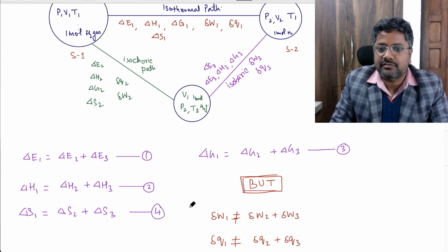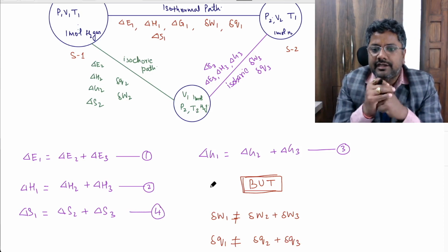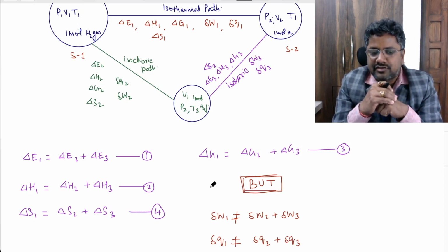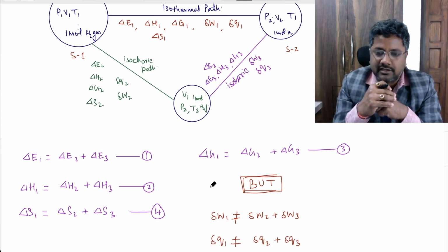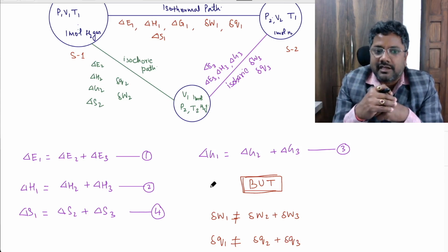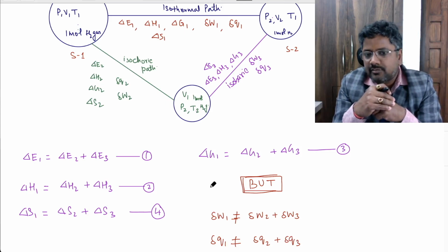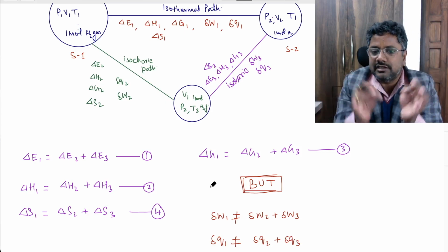Equation 4 means any chemical reaction or any thermodynamic process, whether it is completed in one step or in more than one step, enthalpy change or entropy change or Gibbs energy change or internal energy change is always constant, because it depends on the initial and final state.